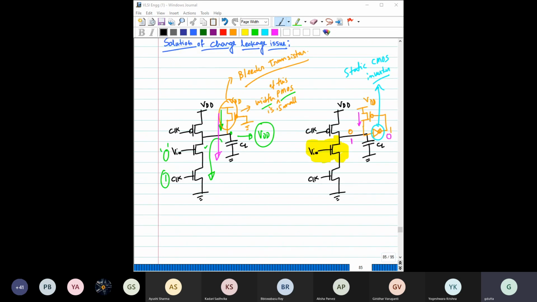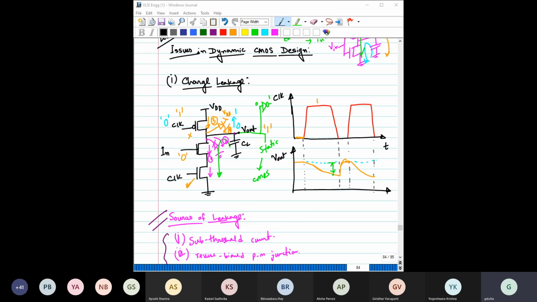So in the last class, we were discussing different issues in dynamic CMOS logic design. The first one was the charge leakage issue. We have understood that because of the subthreshold leakage as well as the reverse-biased PN junction, the charge stored in this capacitor CL, which is basically the input capacitor of the next stage, is affected.